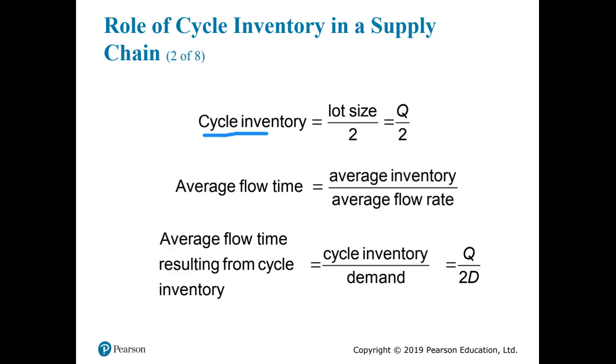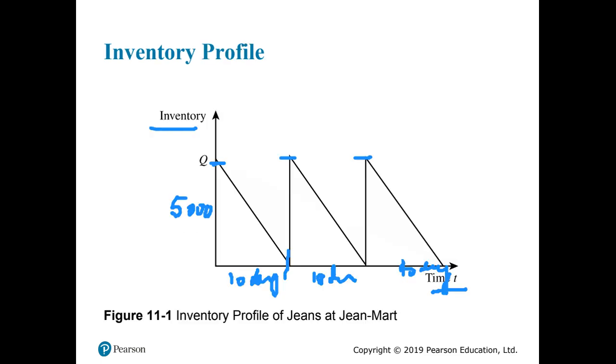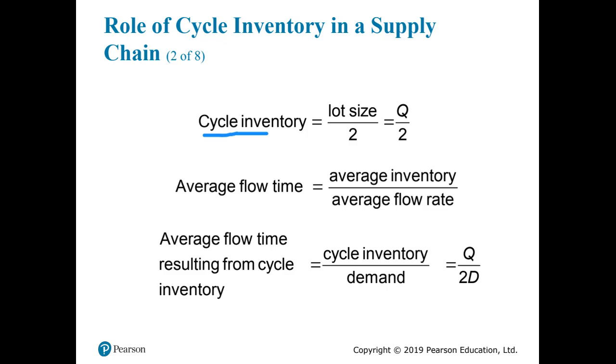So this 5,000 units is the lot size here. We can also calculate from here the average flow time, which is average inventory divided by average flow rate. So if you work it out, we can get the average flow time resulting from the cycle inventory.